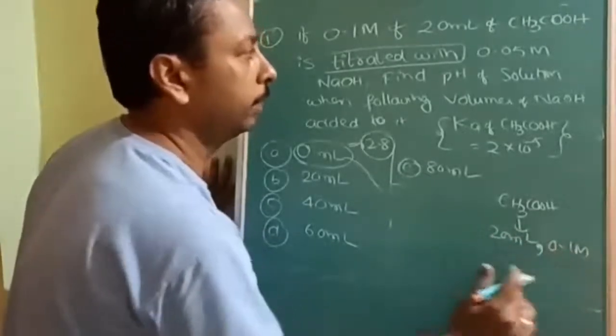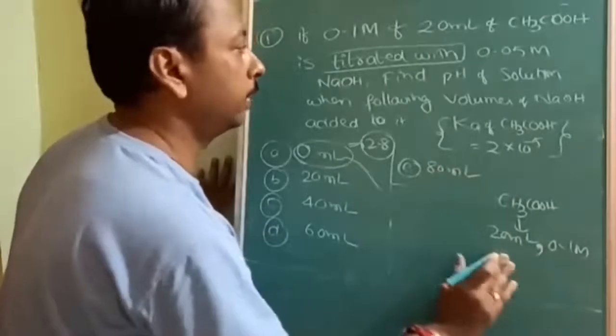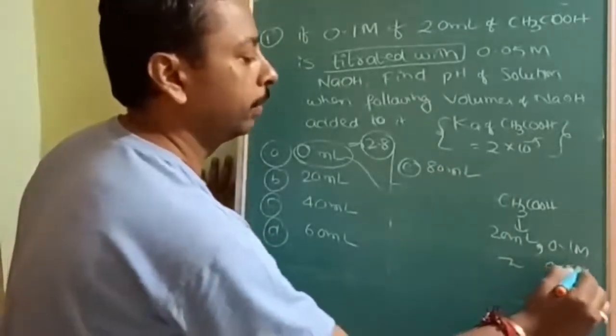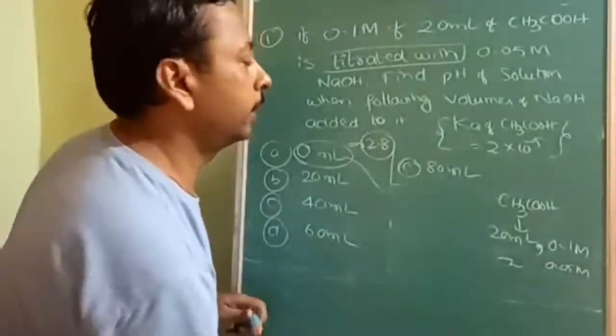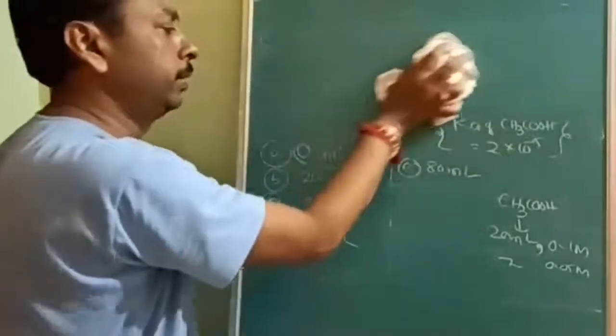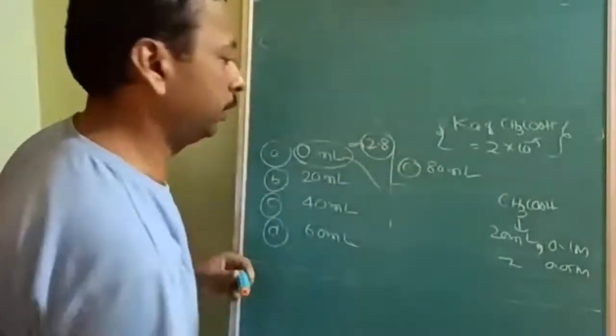And the second one, we don't know the volume, and 0.05 molarity. Okay, from the second part onwards it is very important, so try to understand from the basics, because this is the first question.